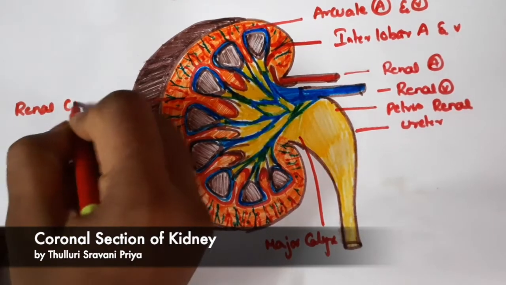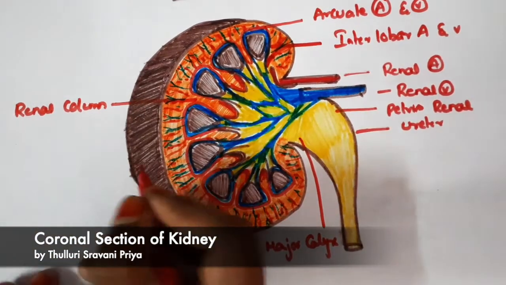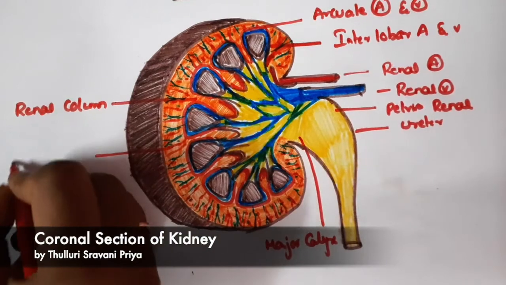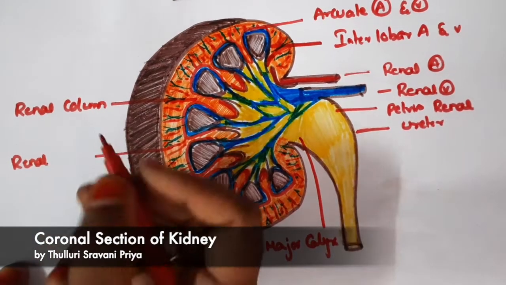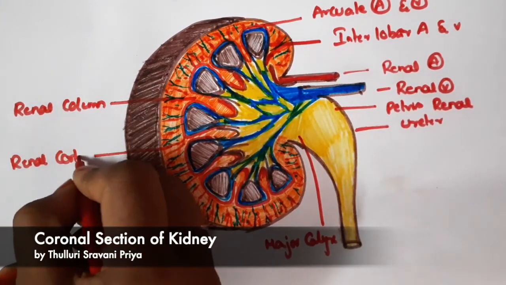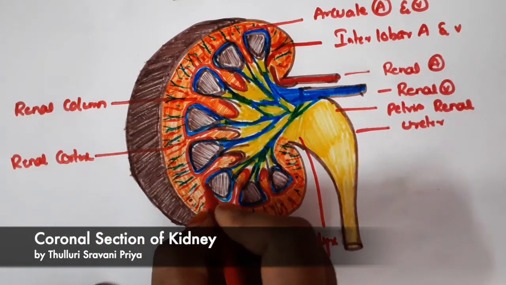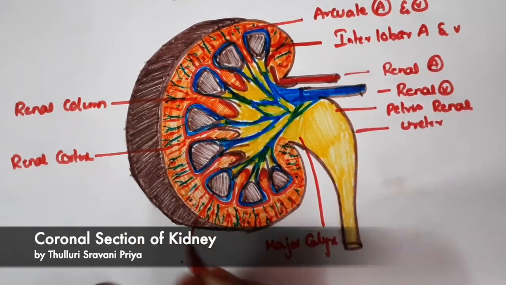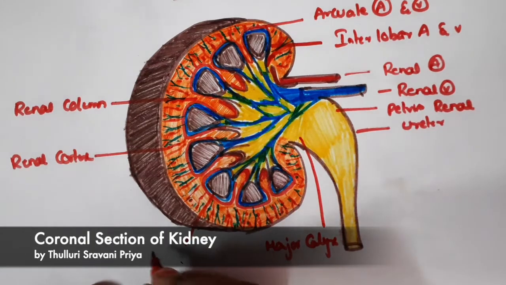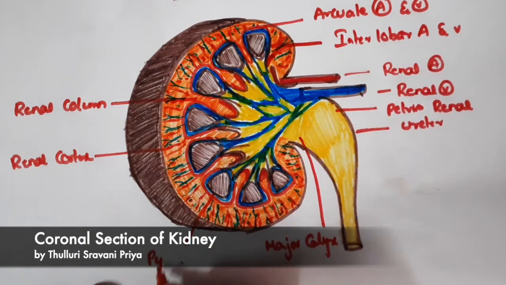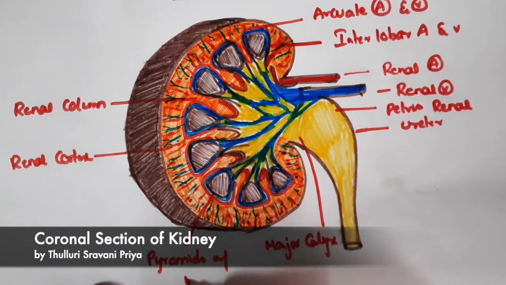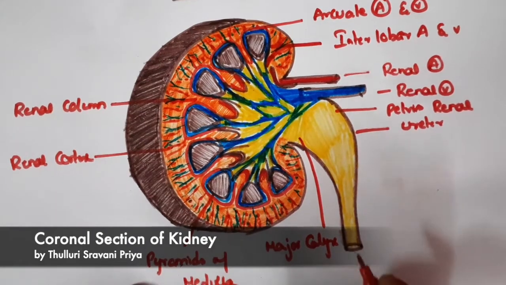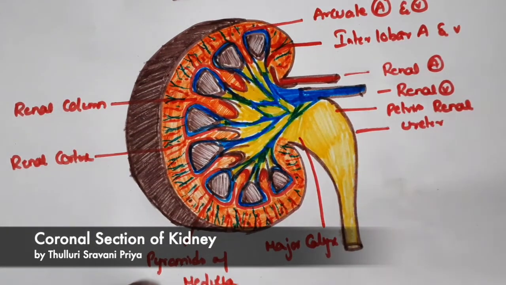This is the renal column. It is the outer cortex. Outer cortex is pale, whereas inner medulla is darker. These are the pyramids of the medulla, and this is the base of the pyramid.